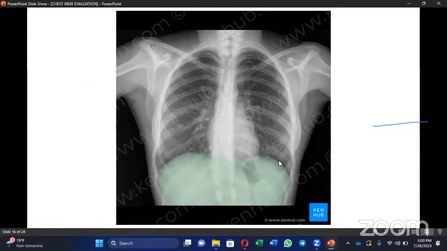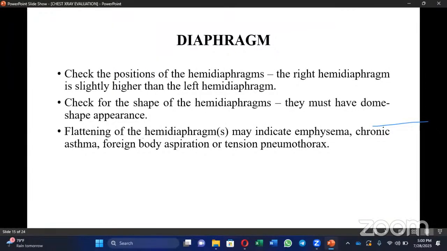I hope you can all see it. You see how it is shaped? That's the dome shape. It is not flat. It is kind of a dome. So this is the correct shape of the diaphragm.